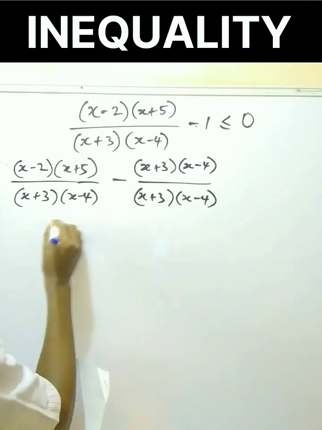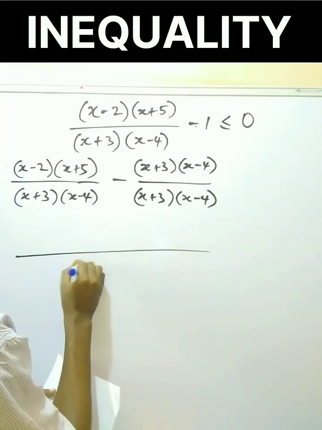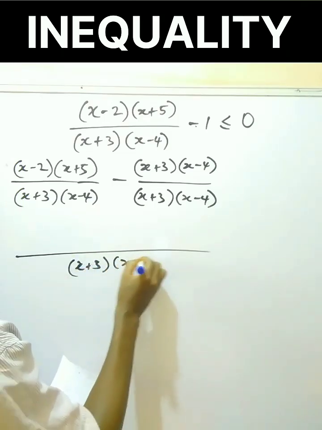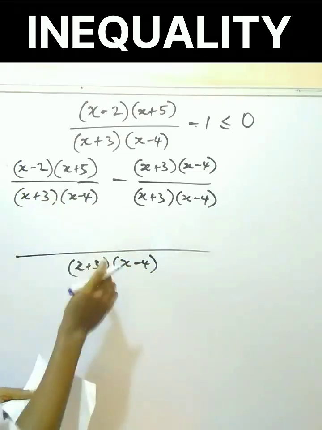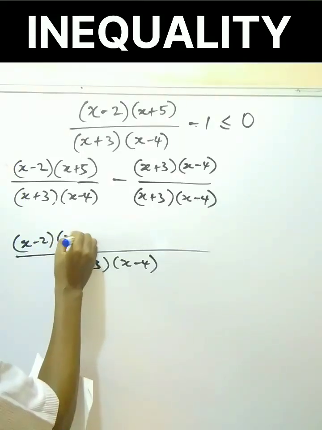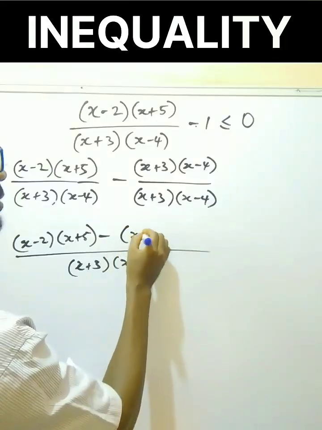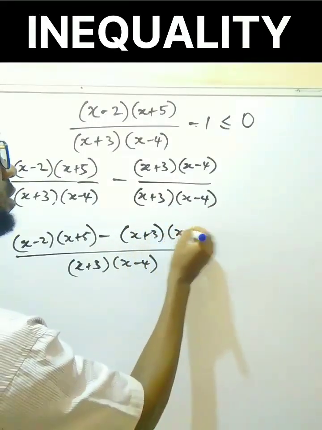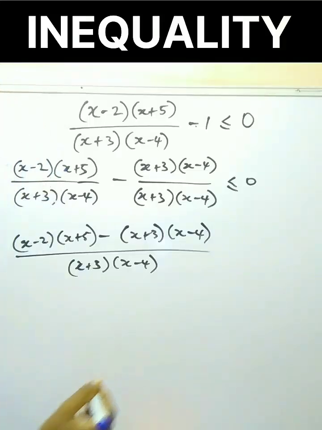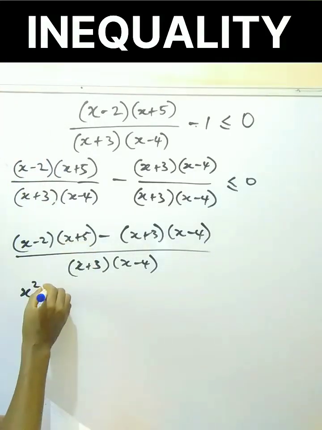The LCM of these two now is (x plus 3)(x minus 4). So let's go into this working. I'm going to have (x minus 2) into (x plus 5) minus (x plus 3) into (x minus 4). Remember, everything is less than 0. Now let me expand this. This times this will give me x squared.